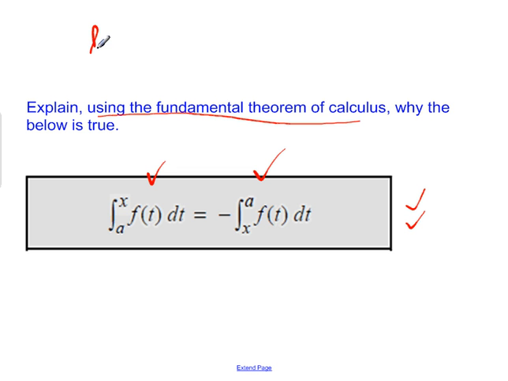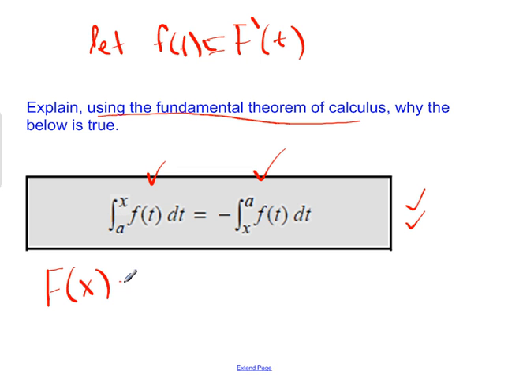Okay, so let's say little f of t is the derivative of big F of t. So then, using the fundamental theorem of calculus, the left-hand side is big F of x minus big F of a. And what we're saying is that it equals the negative when we switch the limits of integration.